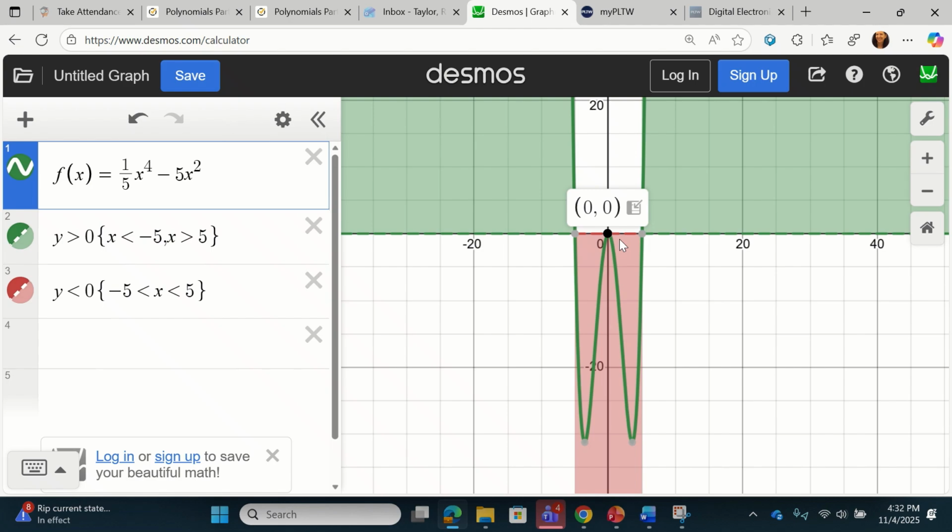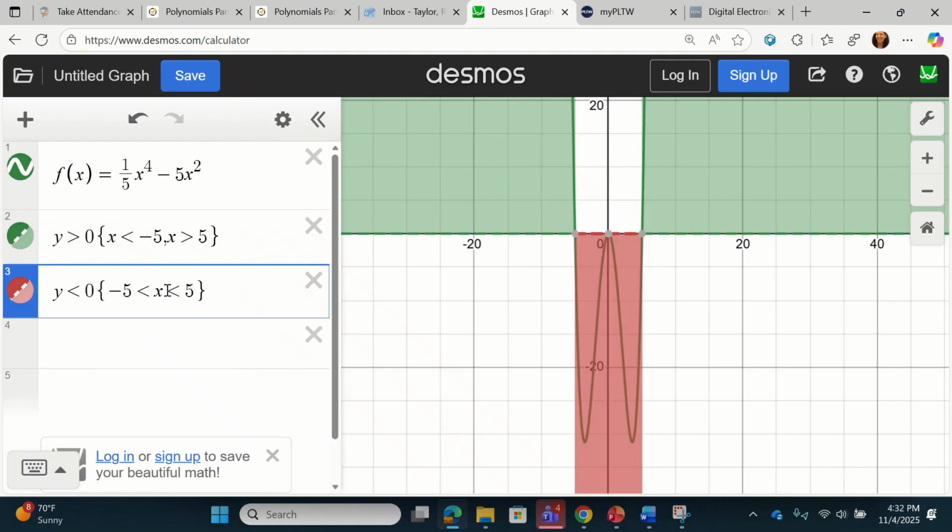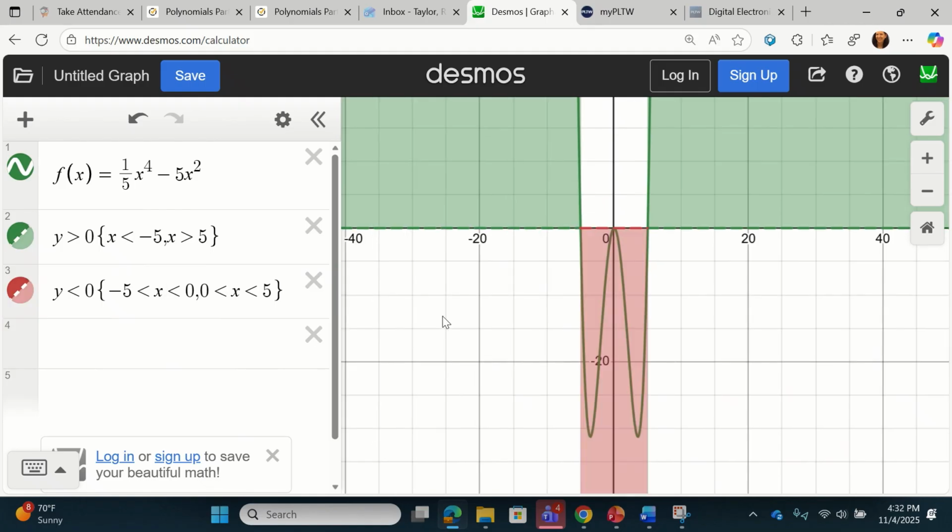So that's going to make this not as fun. So I'm going to state this as -5 is less than x is less than 0, comma, 0 is less than x is less than 5. Now, does that look exactly the same? Yes, it does.